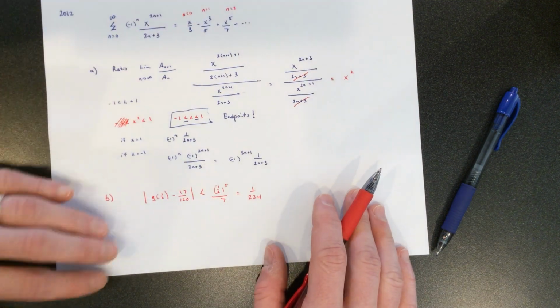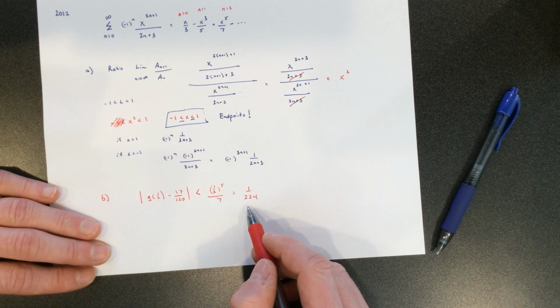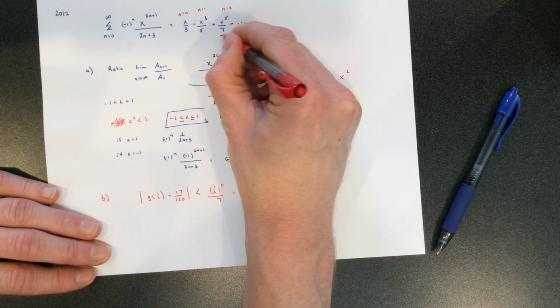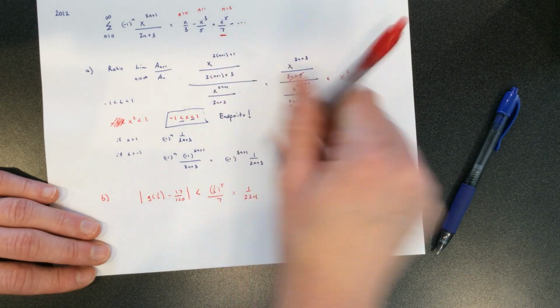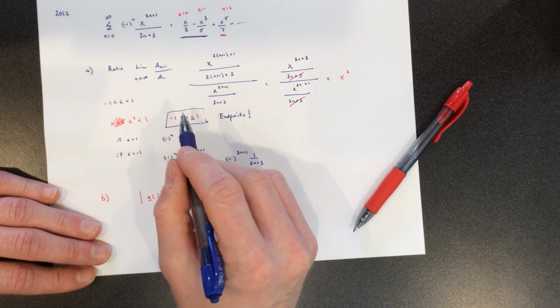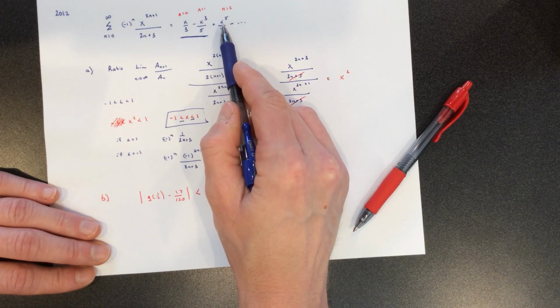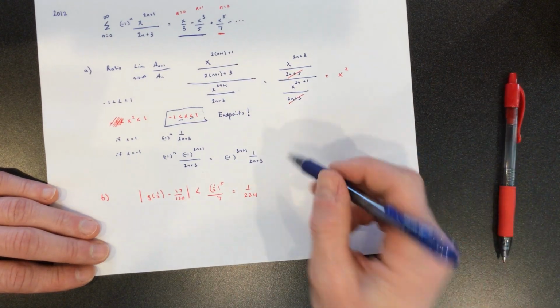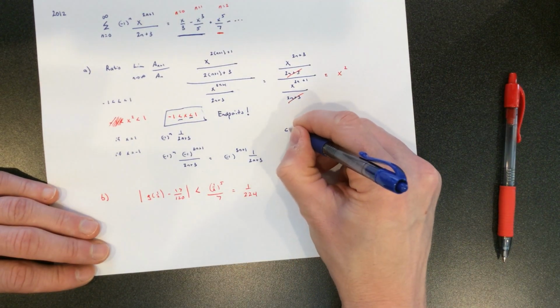We just showed that the error is less than 1 over 224. 1 over 224 is what this is when x is 1/2, and we know that if we're using these two for our function, and it's an alternating series, the error is the next term.